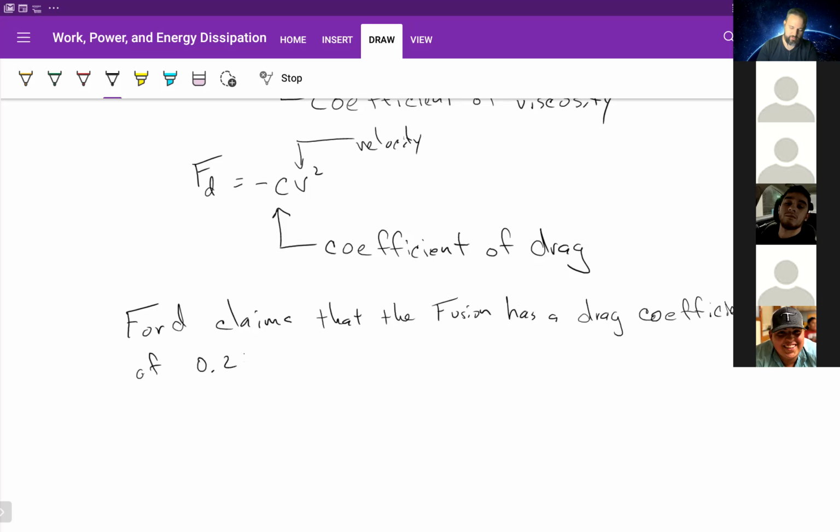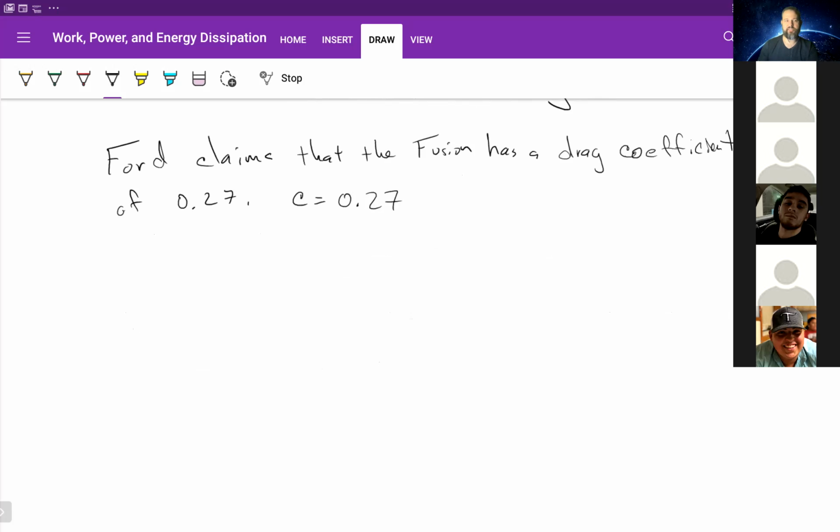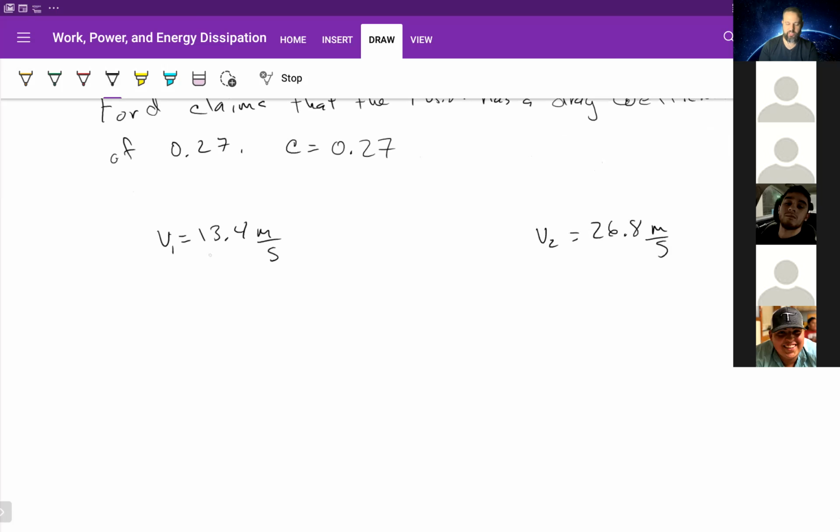So C is equal to 0.27. Let's look at a velocity of 13.4 meters per second, and then let's double that. This is situation 1, and in situation 2, our velocity is 26.8 meters per second. So let's figure out what the drag is with the 13.4 meters per second velocity, and then again with the 26.8, and see what happens with our drag.